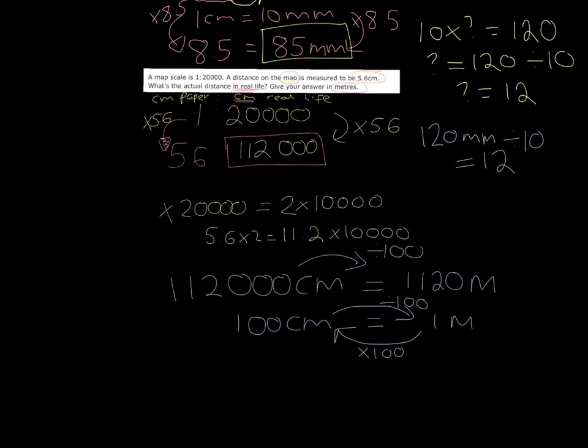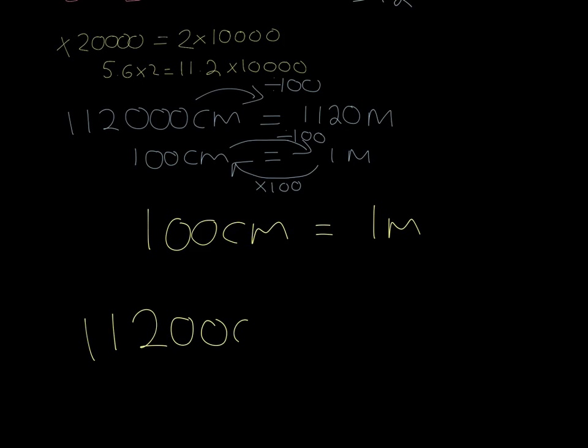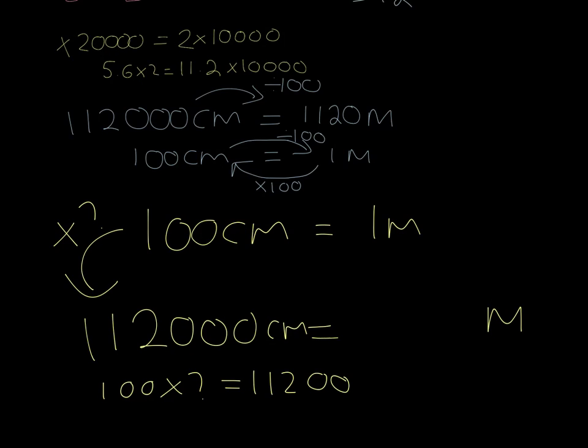Alternatively, you could have done it the other way using your ratio, because we know that 100 centimetres is a metre. We'd be changing the 112,000 into metres. So this is in centimetres. How do you get from 100 to 112,000? That's going to be using, again, your inverse operation. 100 times something equals 112,000.